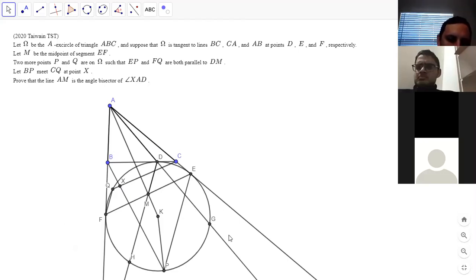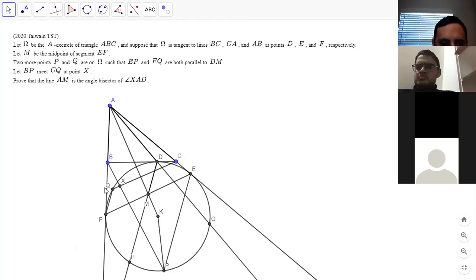I think that's true because arc FP is equal to arc GD, right? I think that's true. So that would mean that BX and BG are isogonal.